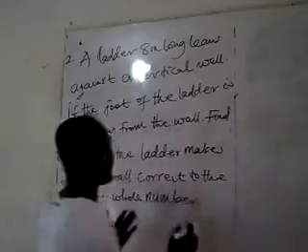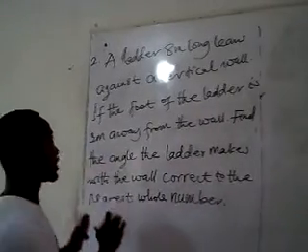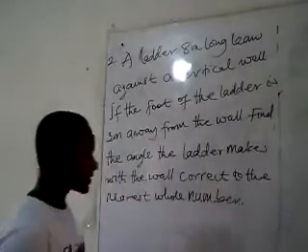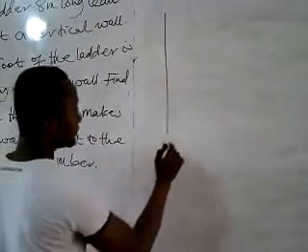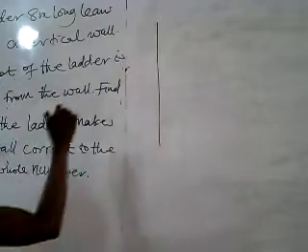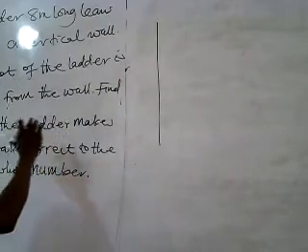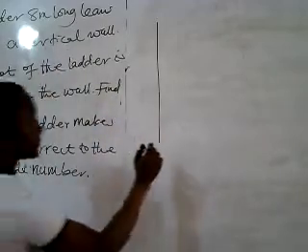So from here, as we did from our first example, we draw the diagram as we read to understand the question. So we use a vertical wall, and no value was given for the vertical wall.